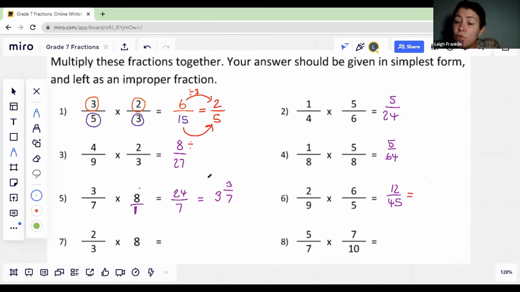So I can divide by 3 at the top. 12 divided by 3 is going to leave us with? 4. Indeed. Good. And we can do the same thing at the bottom. 45 divided by 3 is going to leave us with? 15, ma'am. Good, well done. Okay, and Mapalo put that in the chat too. Good job, well done.